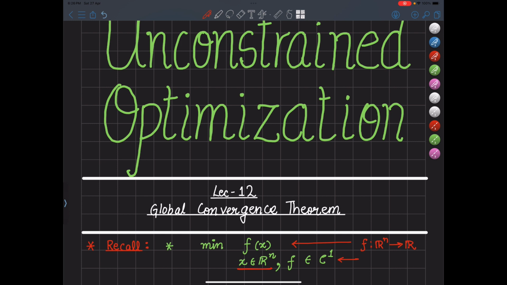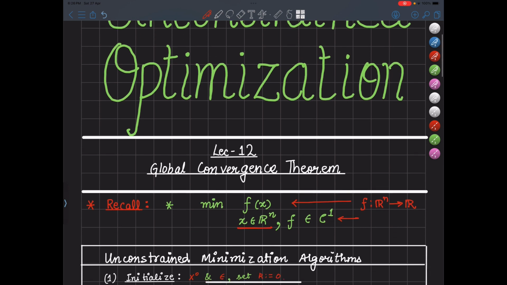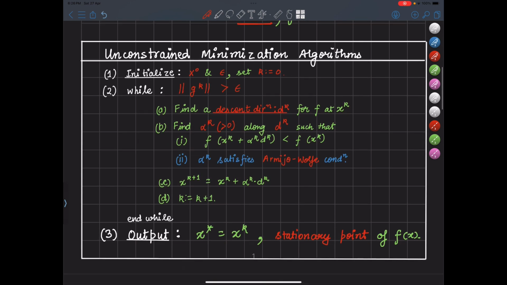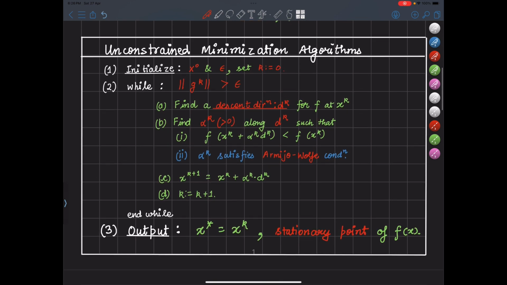Now for the algorithm, we tried to answer various questions and hence developed an algorithm. Let's look at that algorithm that we developed in the last lecture. For the unconstrained minimization algorithm, we first initialize the initial value of the variable x naught, some value epsilon which will be used in the stopping condition, and set the iterate to 0.